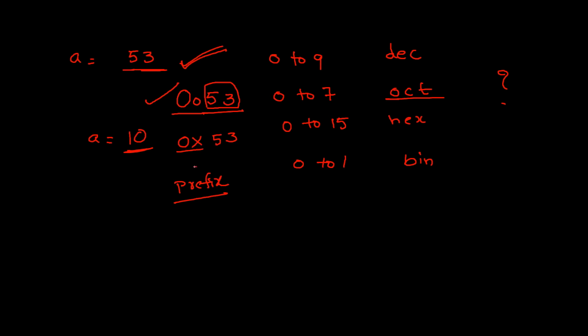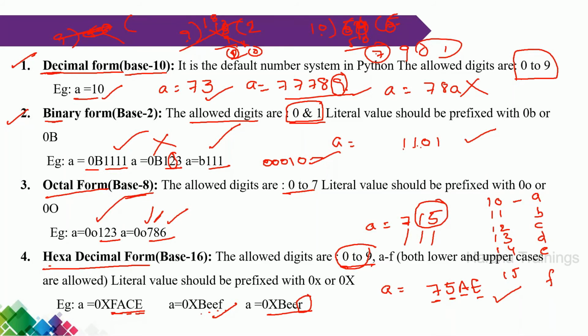And any number prefixed with 0b is called a binary number. Always remember, capital X or small x, capital O or small o, and capital B or small b, whatever it is. But remember, all are integer numbers.